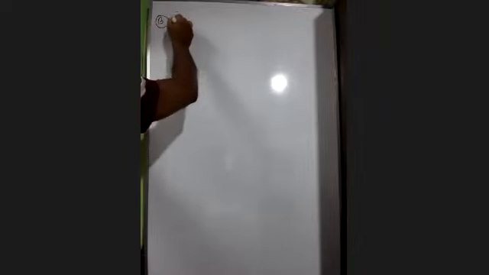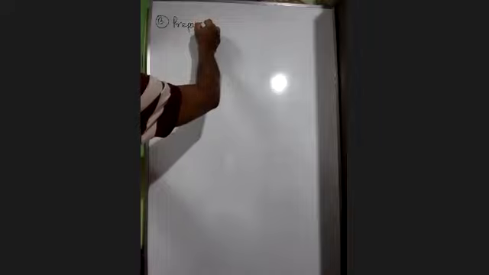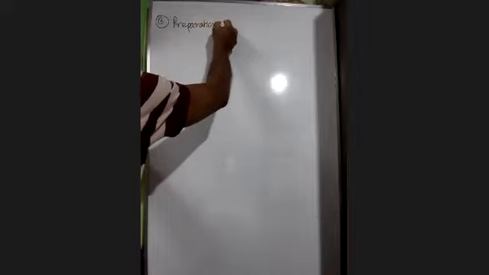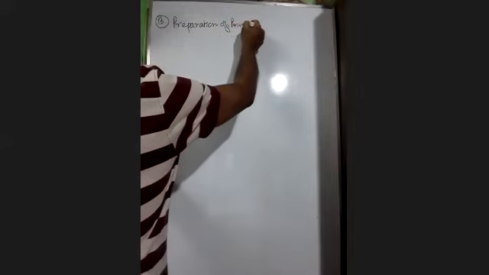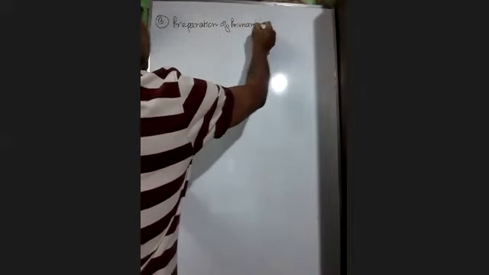Okay. So now we'll go for preparation of primary amine. Second is preparation of primary. Here we are only going to get primary. Can you see? Preparation of primary amines.